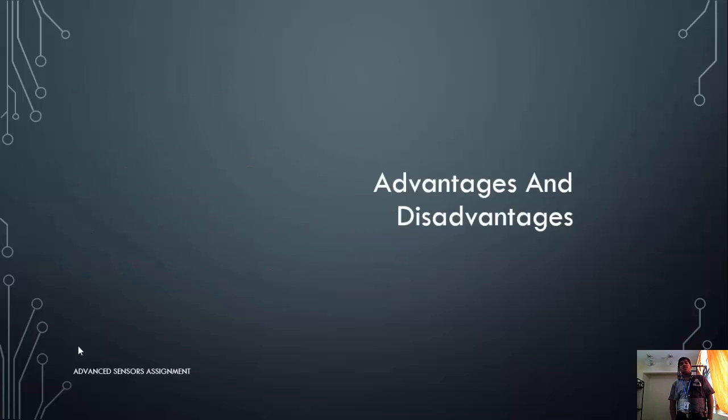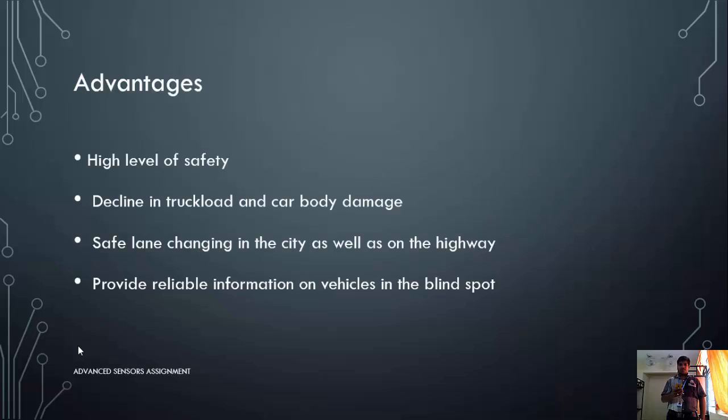Finally, advantages and disadvantages. Through this class, we can know what the advantages and disadvantages are. The first advantage is a high level of safety. By using this sensor, you can change lanes on the highway in a very peaceful manner.